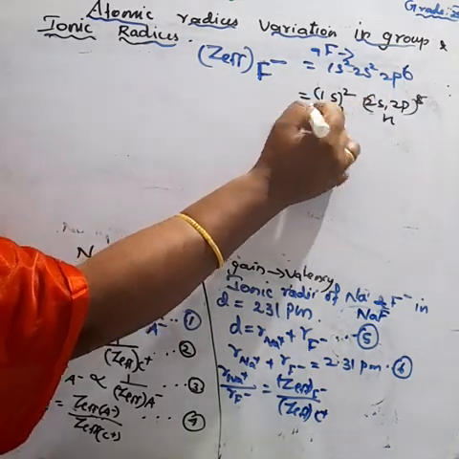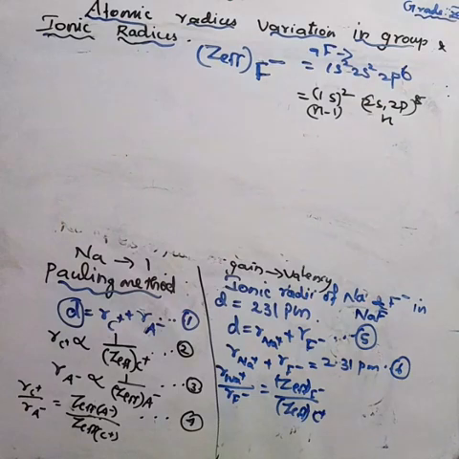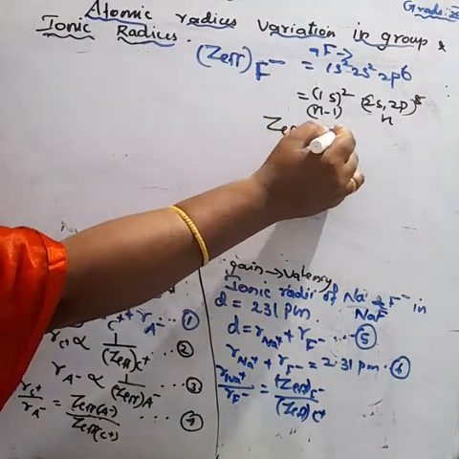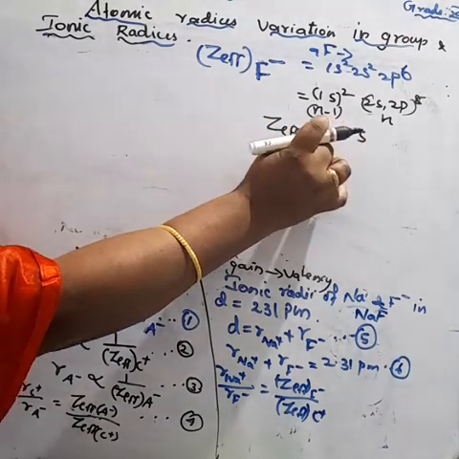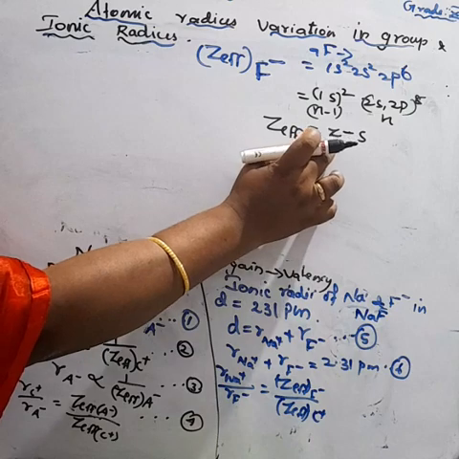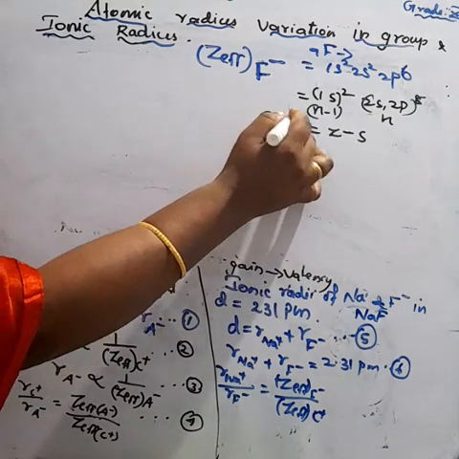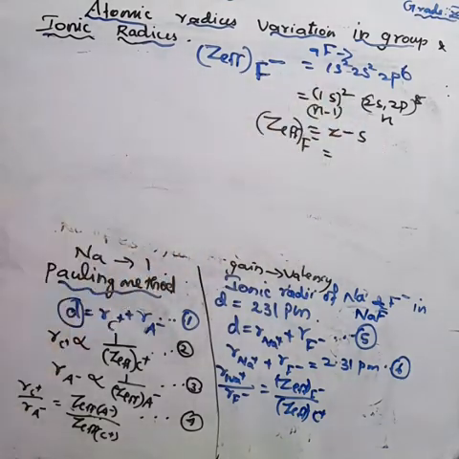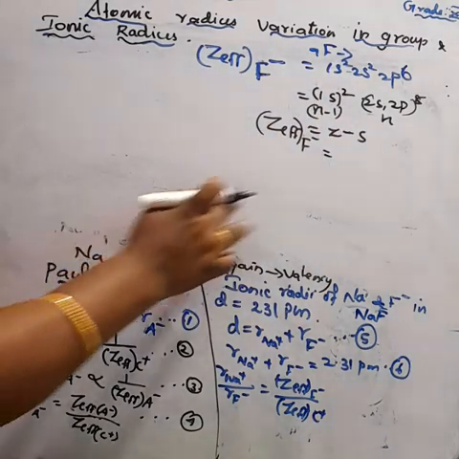By calculating the effective nuclear charge, what is the formula? Z_eff is equal to Z minus S. So for the fluoride ion, Z_eff F- is equal to Z minus S. We have to calculate the S value here, according to Slater's rule.